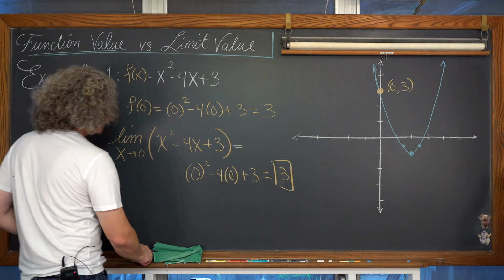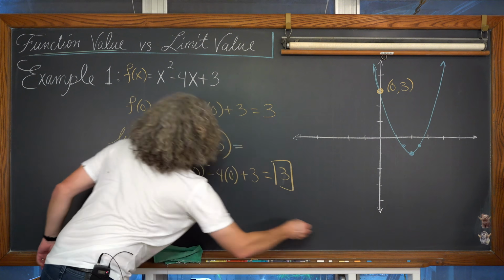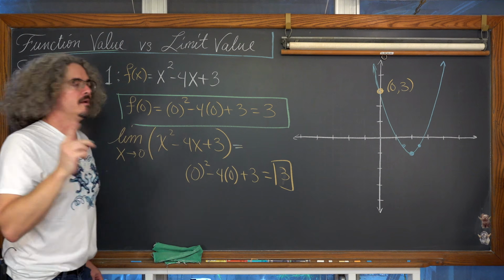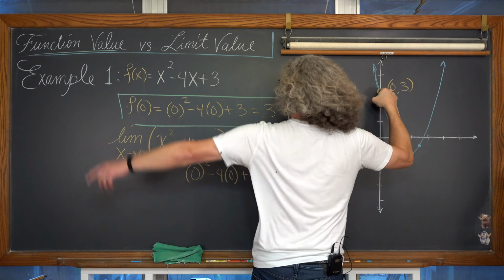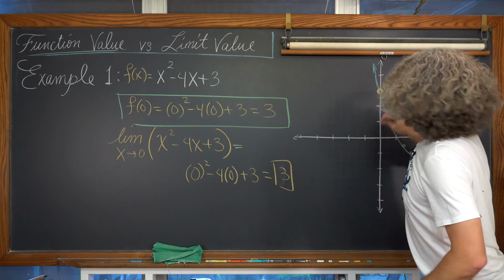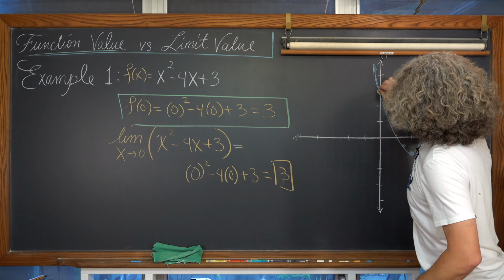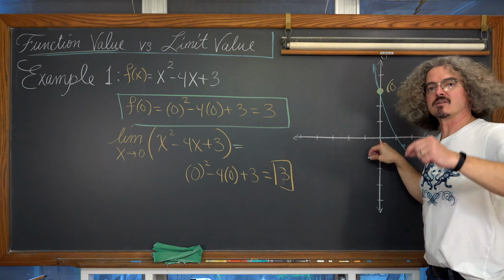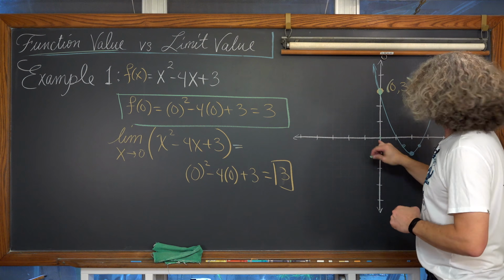This statement, a function's value, is what y value you are getting from your equation when you're exactly on that value of x, where x is equal to 0.